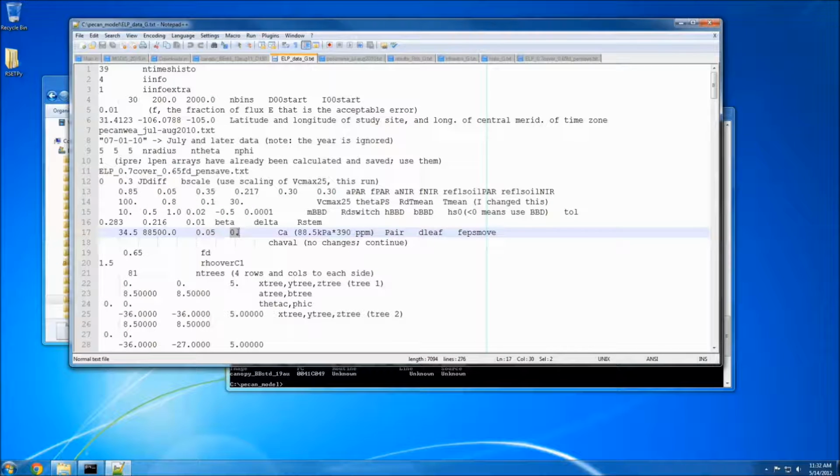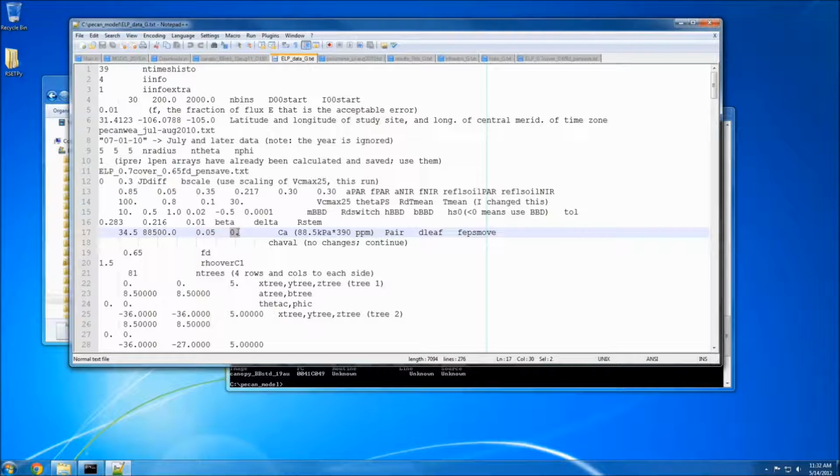This is an unusual parameter here, EPS move. It is the modification of the thermal emissivity of the sky from the standard values computed from temperature and humidity. In our arid area, the sky temperature is typically about 40 degrees Celsius below air temperature.